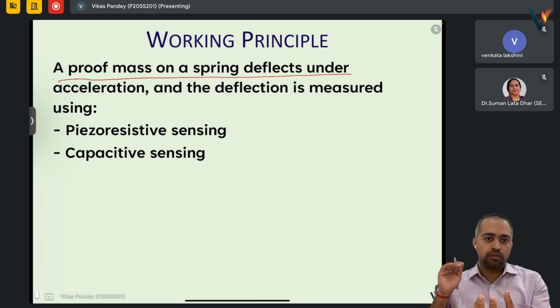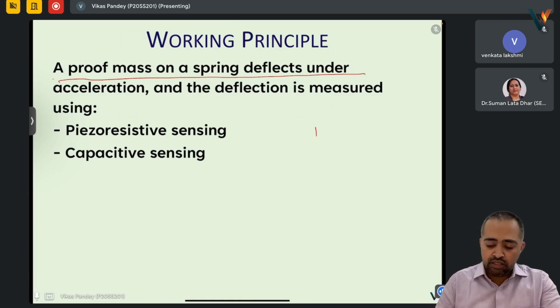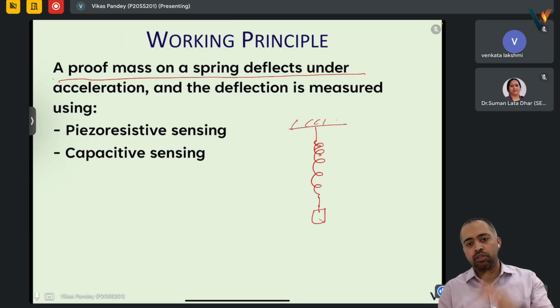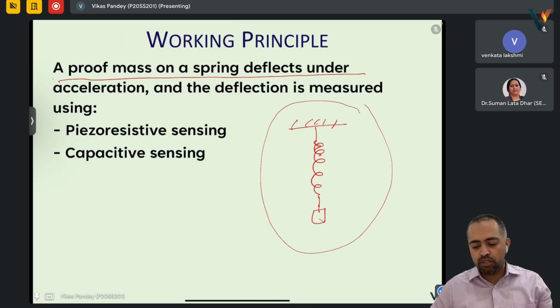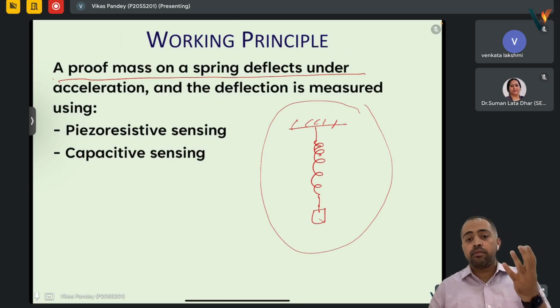When it is accelerated or decelerated, there will be a change. The springs will be like this, with the mass. By Newton's first law, when there is no external force, it will continue to remain at rest. If this whole system is at constant velocity, maybe rest or zero velocity, it will remain as such, hanging.